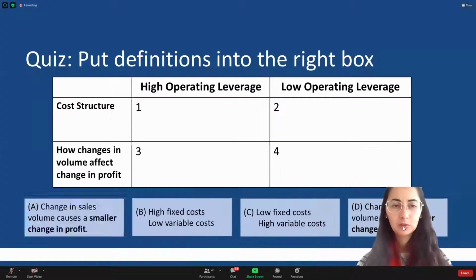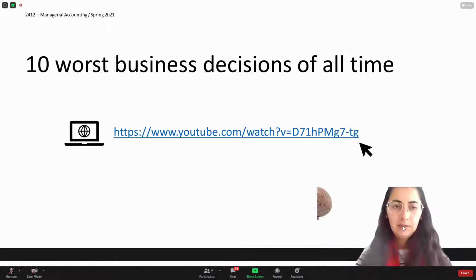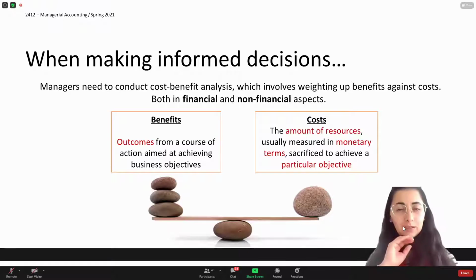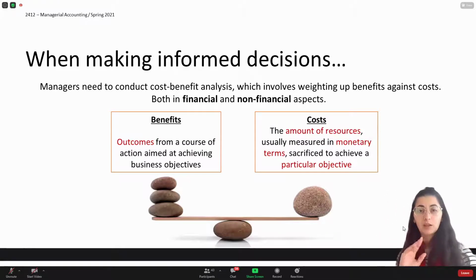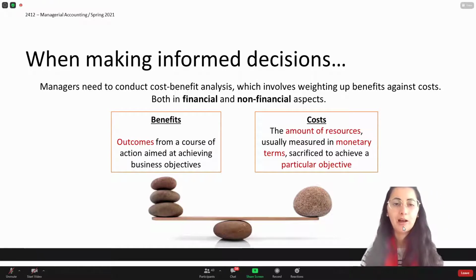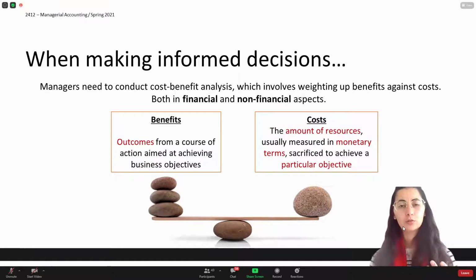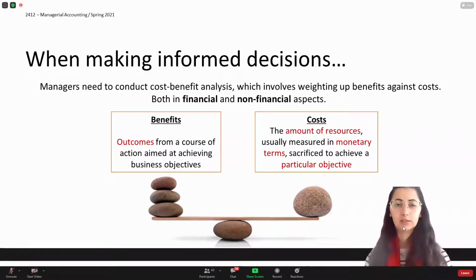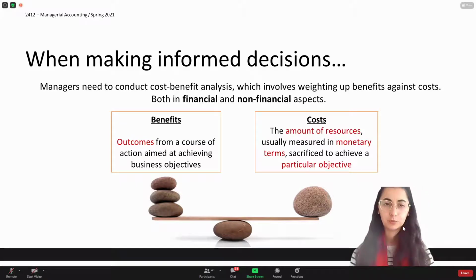So let's go back to the slides. When we want to make decisions, we want to make informed decisions. So we have to have this cost-benefit analysis, which involves measuring and weighing up the benefits against the costs, both financial and non-financial.